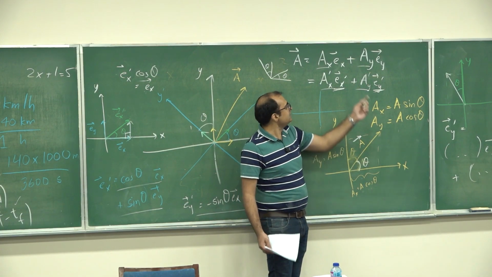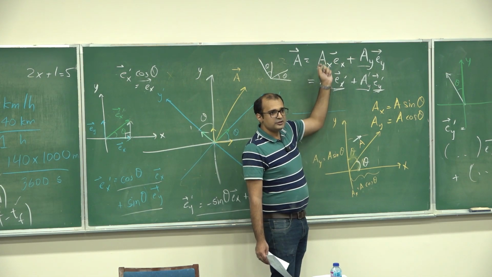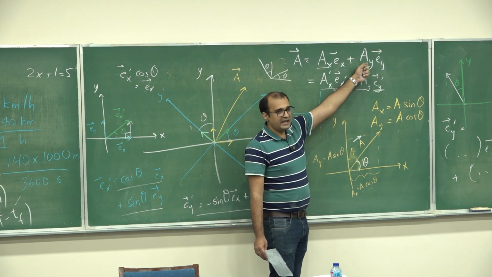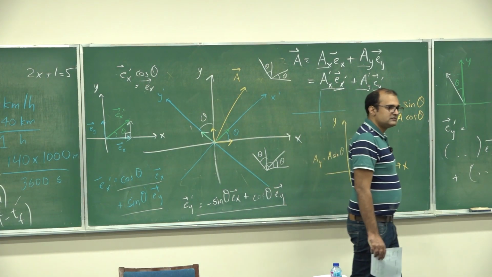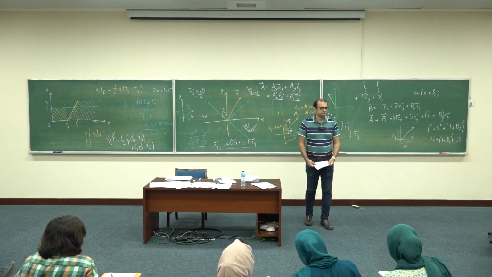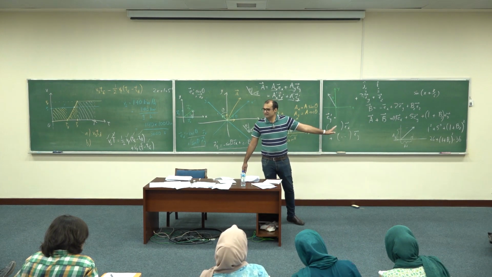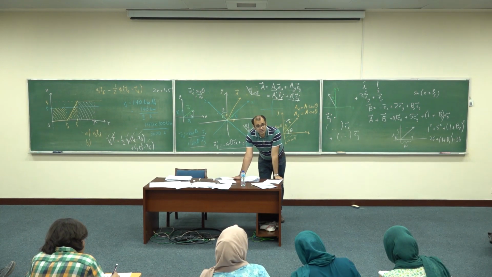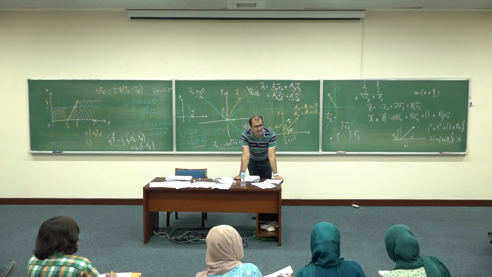Group together the terms and then declare कि जो EX का coefficient है, which is AX over here, should be equal to the coefficient of EX over here. AY should be equal to the coefficient of EY over here. That's it. You have your relationship. Okay, do it. I'm not doing the algebra in detail क्योंकि सारी ये readings में अच्छी तरह किया हुआ है. But make sure you get this, okay? If you don't get this, there's big trouble down the line, okay?